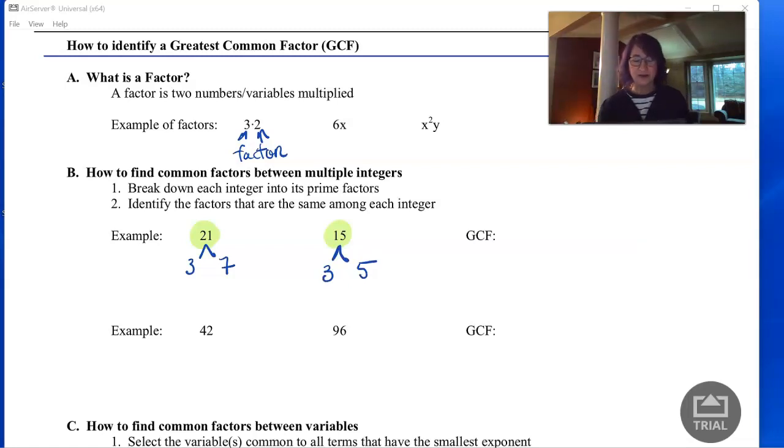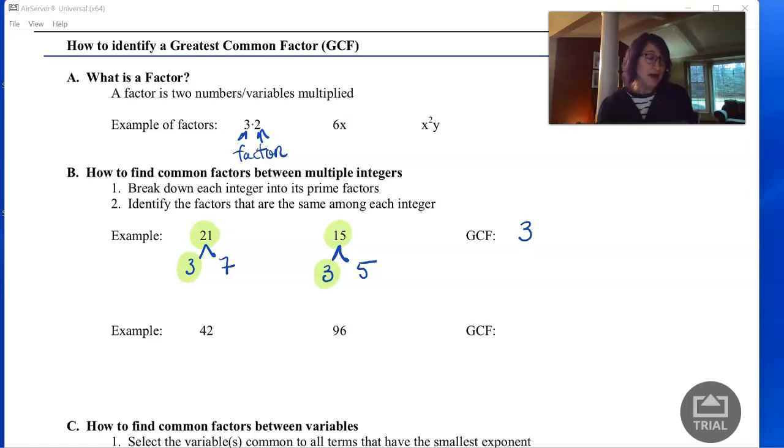Those are its prime factors. So you can clearly see that 3 is the same factor between both 21 and 15. And so we say its greatest common factor is 3. 3 is a number that divides evenly into both 21 and 15. That's why it's the greatest common factor.